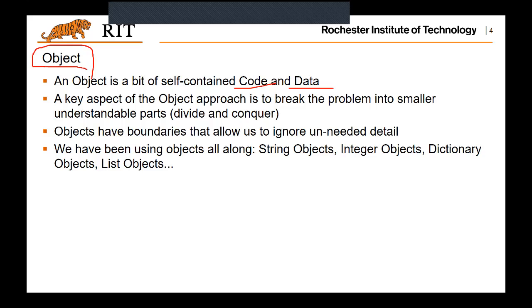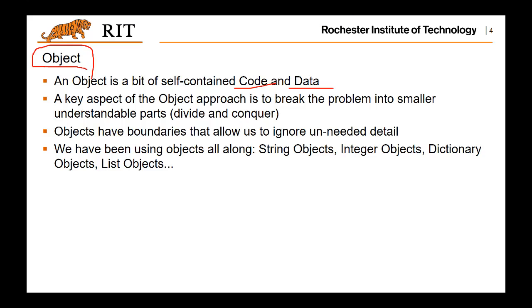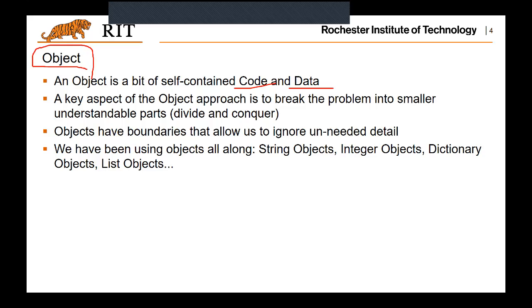Basically, the idea of using objects is that you are breaking down a big problem into several smaller parts. And these parts are not only smaller, but also easier to understand. So that's why we need this object approach to achieve many tasks.